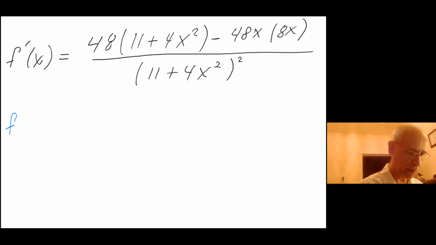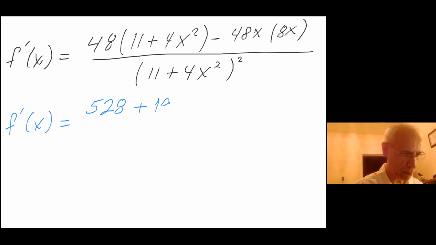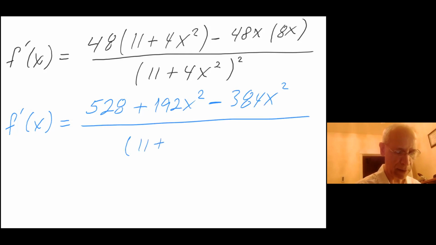Next step, f prime of x equals 48 times 11 gives you 528, plus 4 times 48 is 192 x squared, minus 384 x to the second power, all over 11 plus 4x squared.